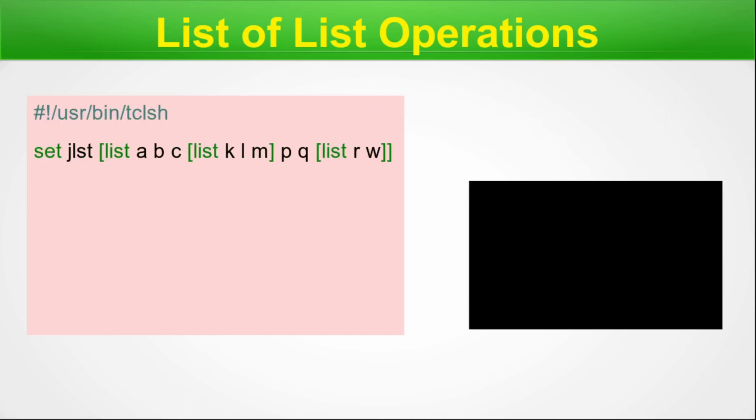So another set of list operations, let's see. Here will be our code, and here will be our output. So code begins here, and we can create a list in a similar fashion to what we have done already, but here we are using the curly bracket.